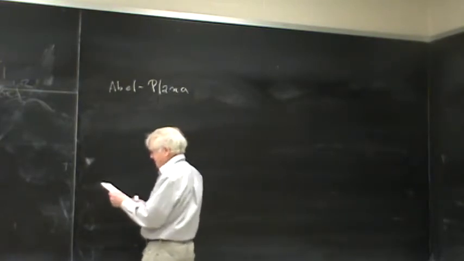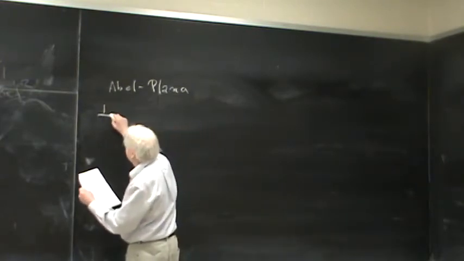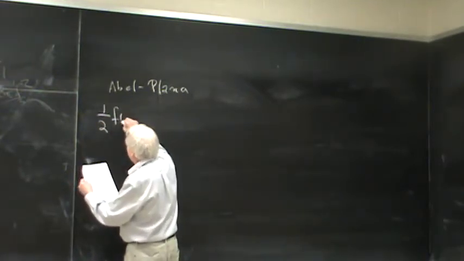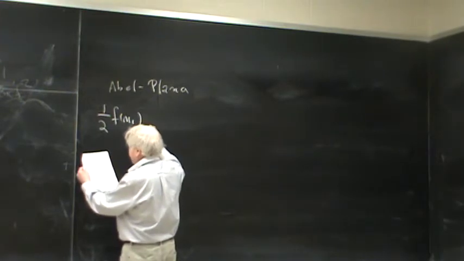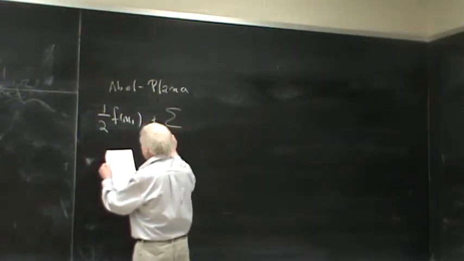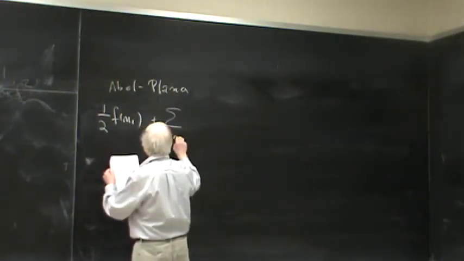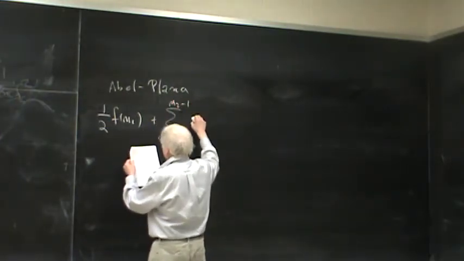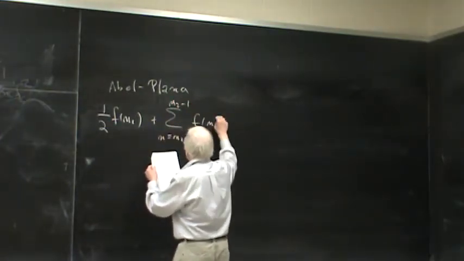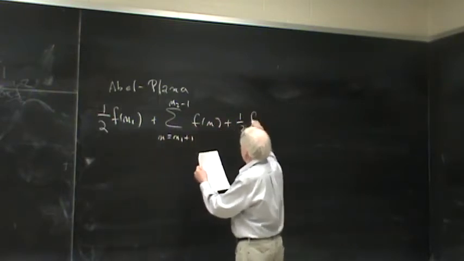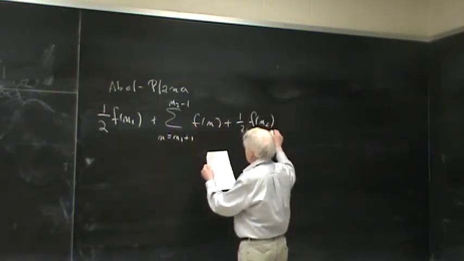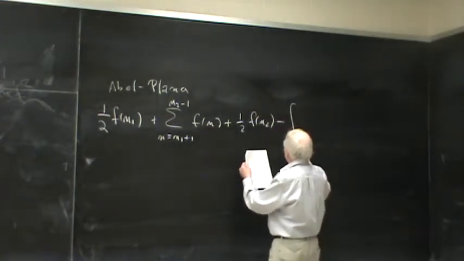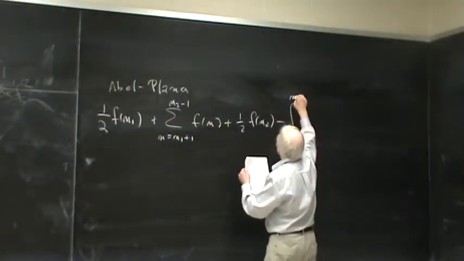which is proven as an example of complex variable theory in my book. It's a half f of n1, plus the sum from n equals n1 plus 1 to n2 minus 1 of f of n, plus a half f of n2, minus the continuous approximation to this.